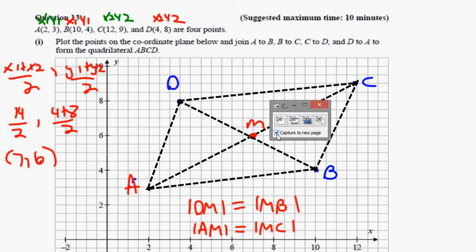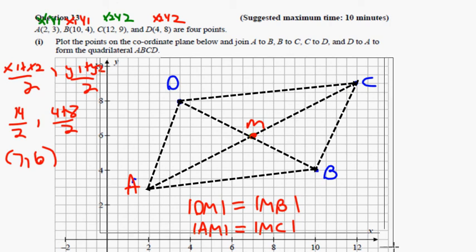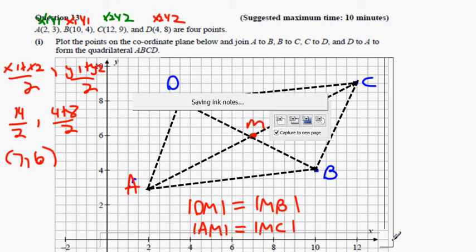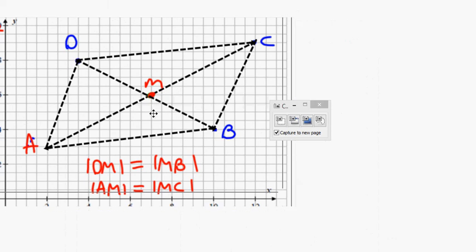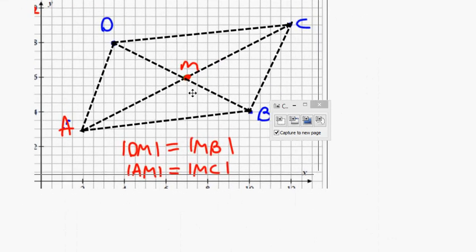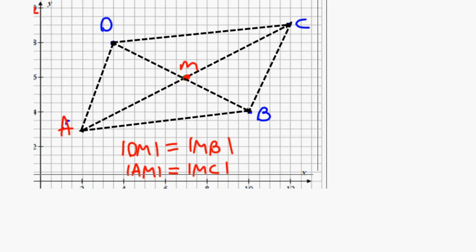So, prove that they bisect each other. Here's what we're going to do. Okay, so let's make a list of points. D being 4, 8. A being 2, 3.